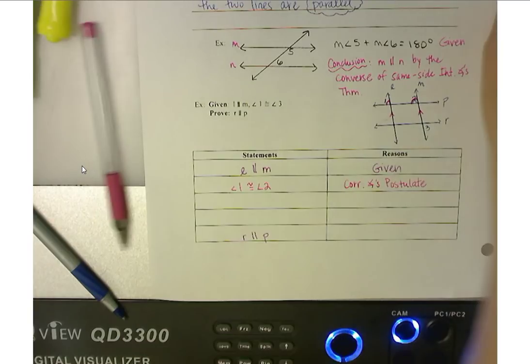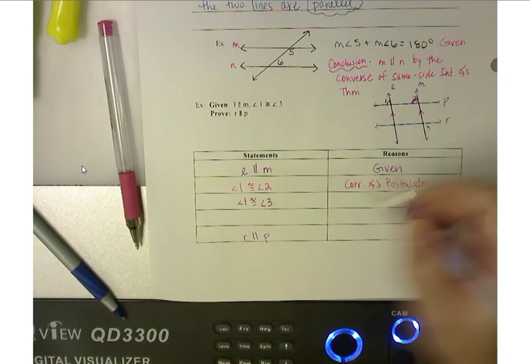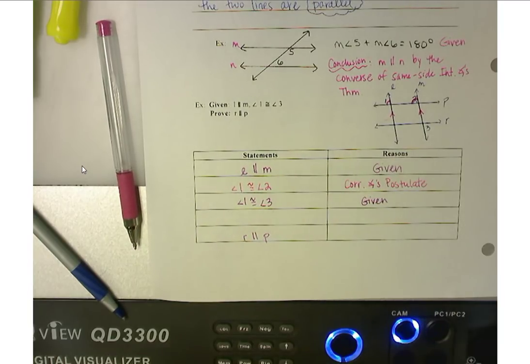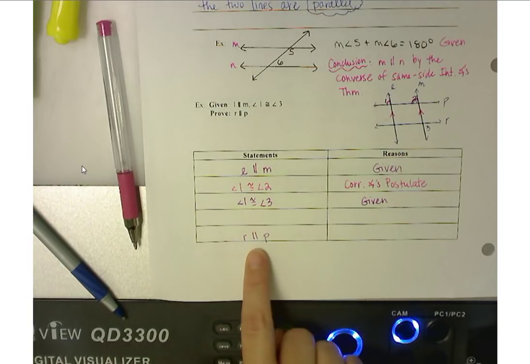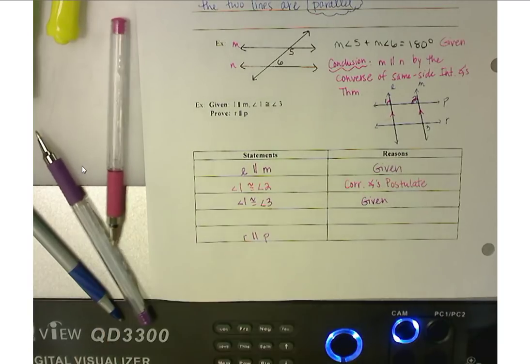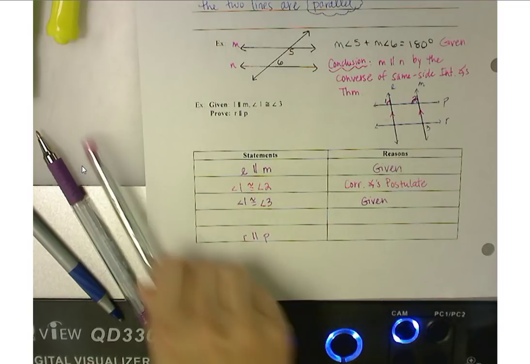So this is going to be the corresponding angles postulate. Okay, so now I'm going to use that angle 1 is congruent to angle 3. That is something that is given to you. Okay, and then from there, we have to go one more to figure out if R is parallel to P. So what you want to happen is you want to find a pair of angles that are going to fit one of your converses to help you find this last statement here. So let's look at the angles that we haven't used yet.